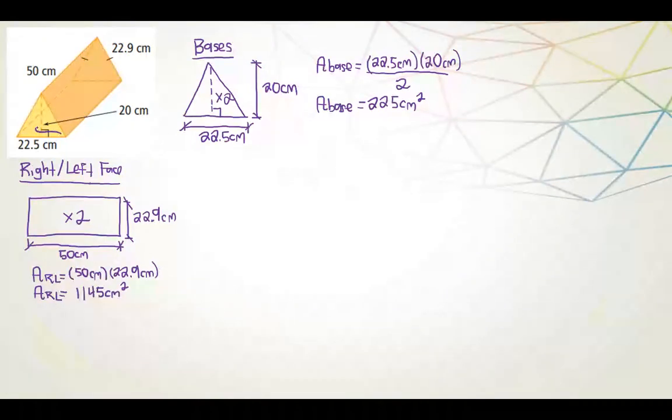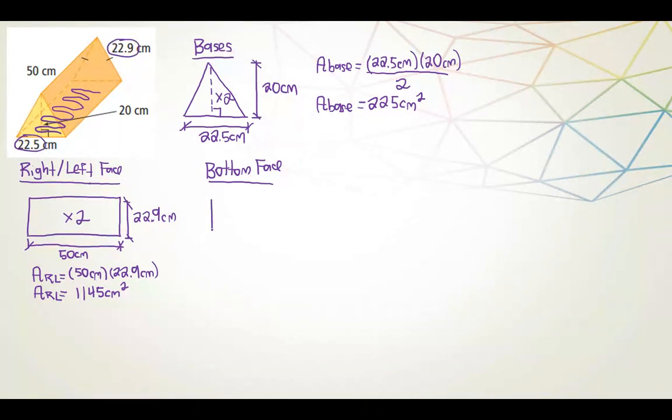Okay, so the bottom face is going to be this one. It's going to be similar to the left-right face, except it's a little bit smaller just because this side length is smaller than 22.9.